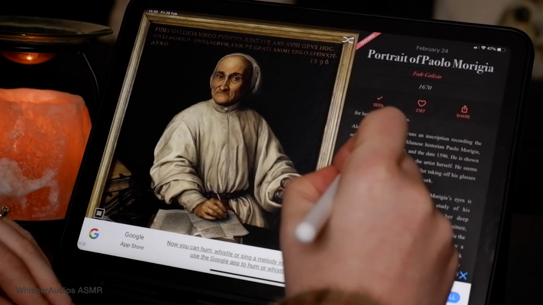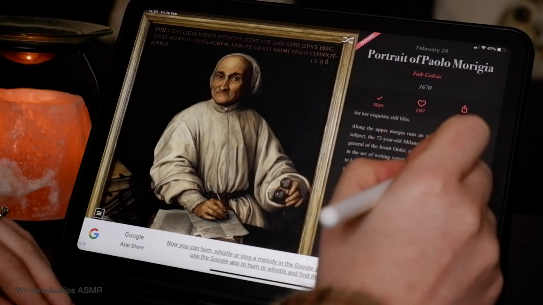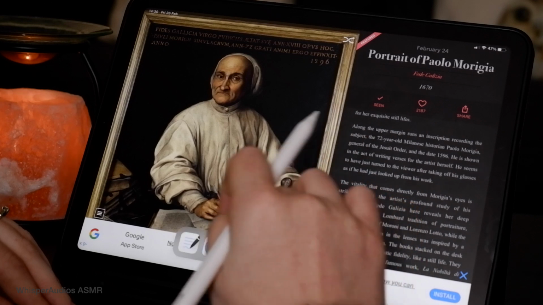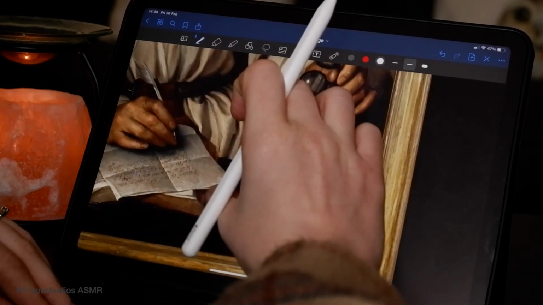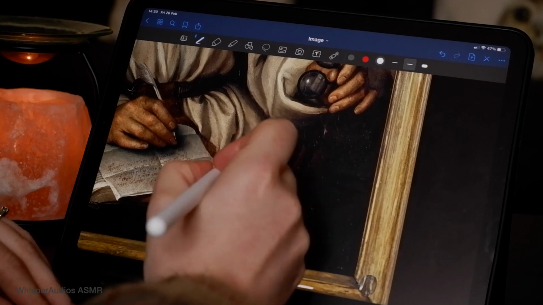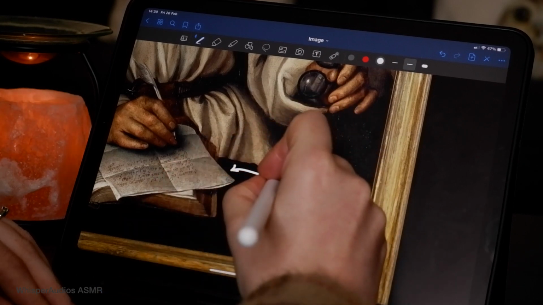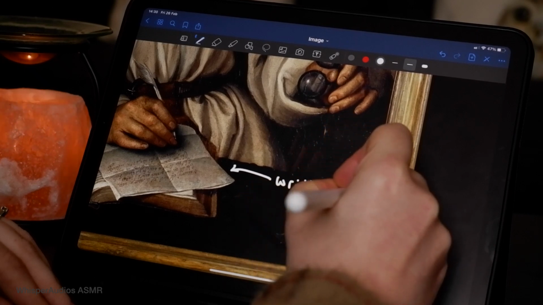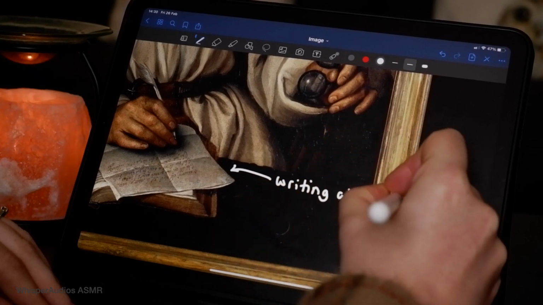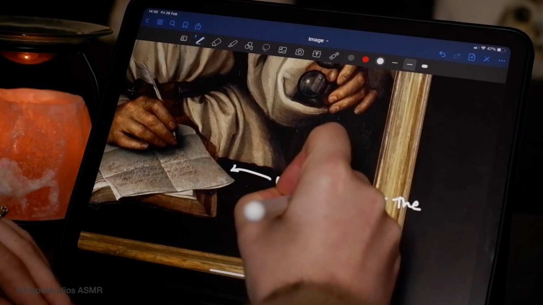He is shown in the act of writing verses for the artist herself. So that's there. Writing about the artist.